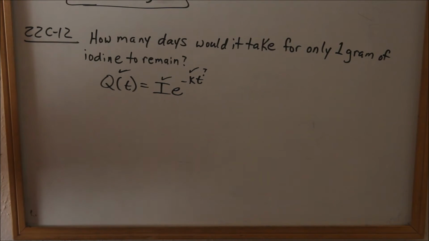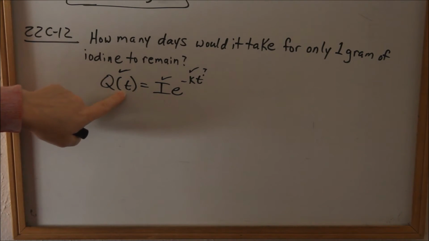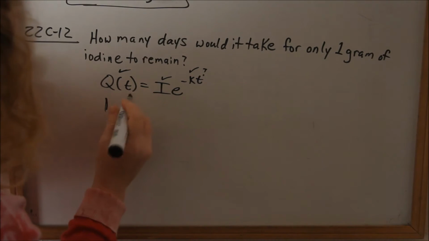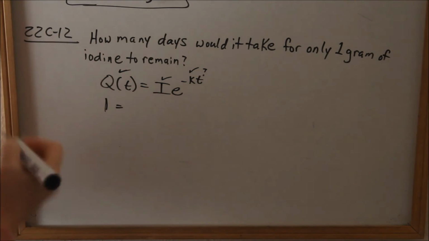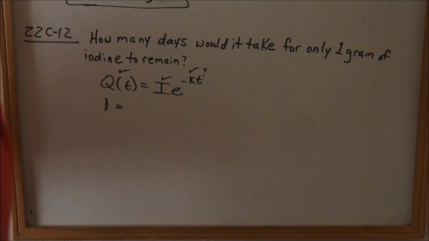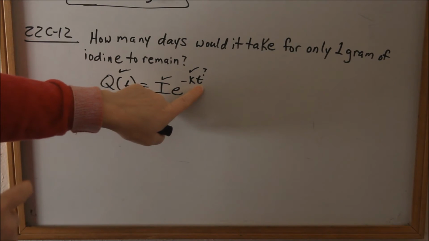Okay, now let's start plugging in what we know. This is our new amount after so much time. That's what we're trying to find, the time. So that was 1 gram. I'm not even going to write in my units. I'm looking for time, and right now this is days. According to our formula, this t is represented in days.